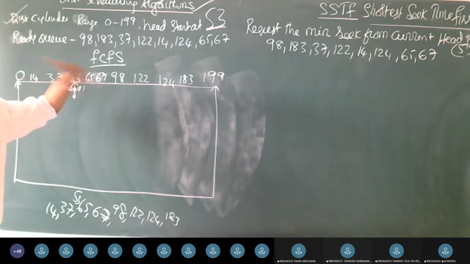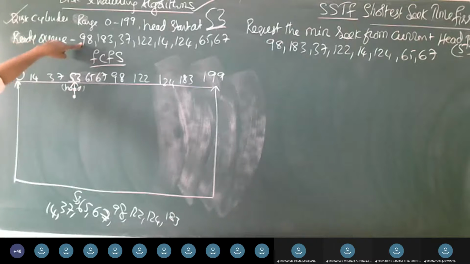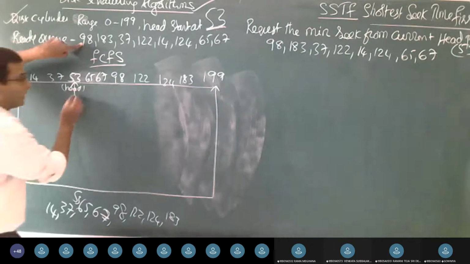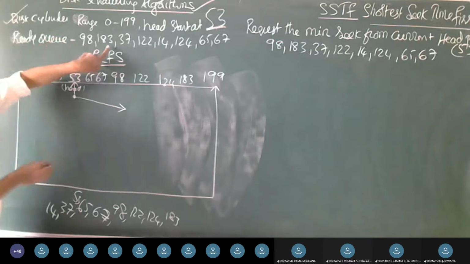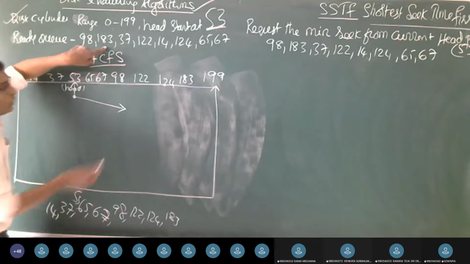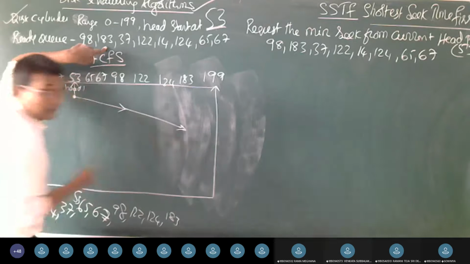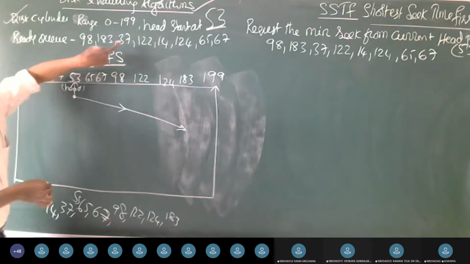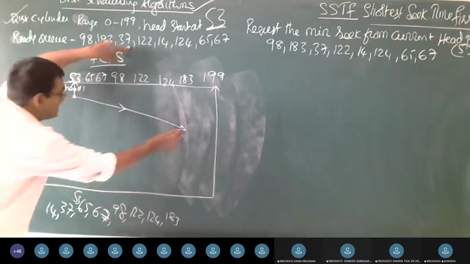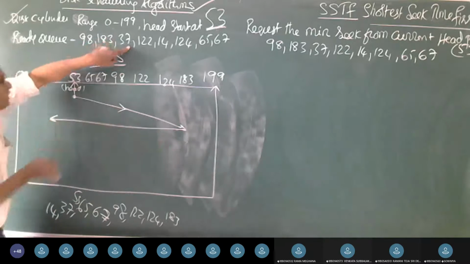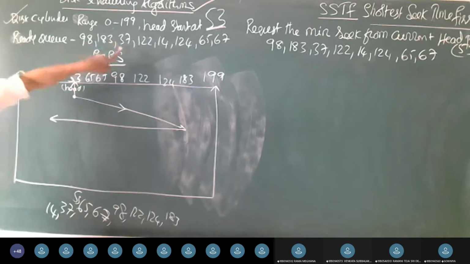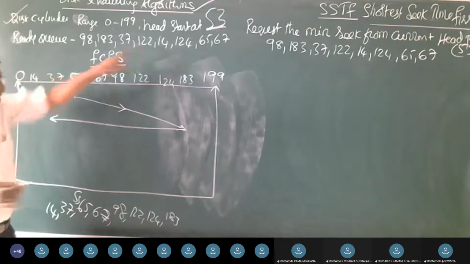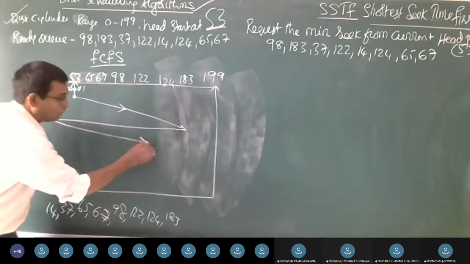Now first come first serve. So in the ready queue, which is first? 98 is first. So directly it moves to 98. After 98, what was the request? The ready queue request was at 183. It goes to 183. After 183, what was the request? It was 37. Now this arm will go to 37. After 37, it goes to 122.